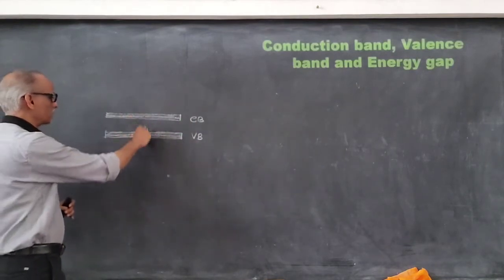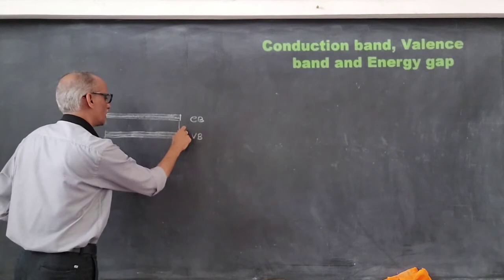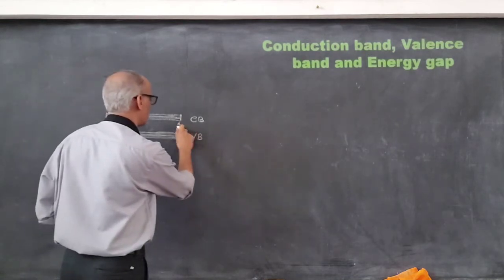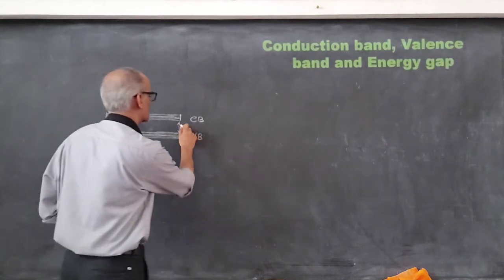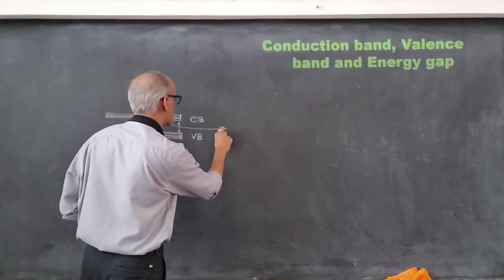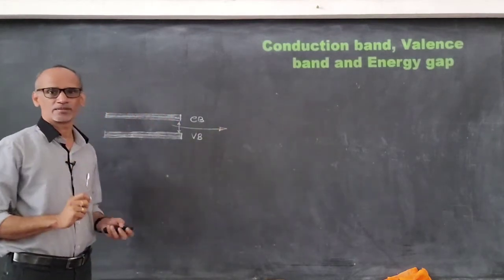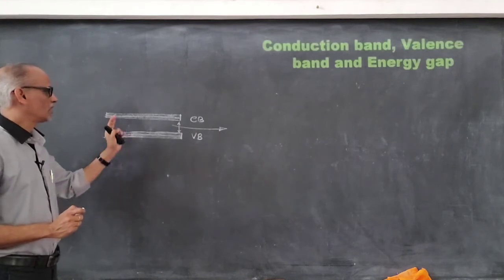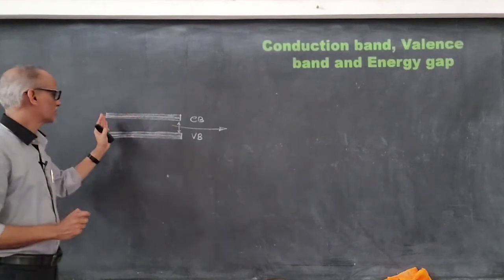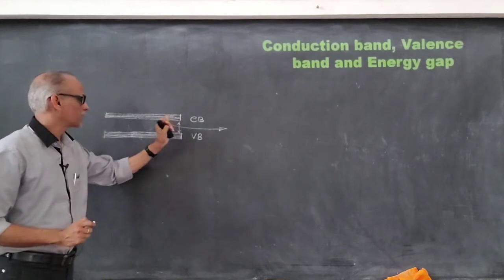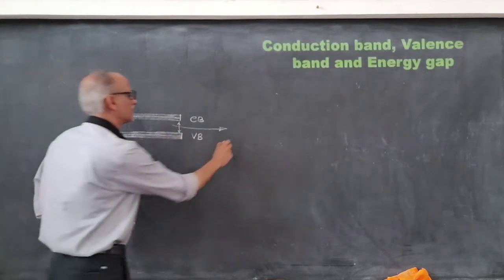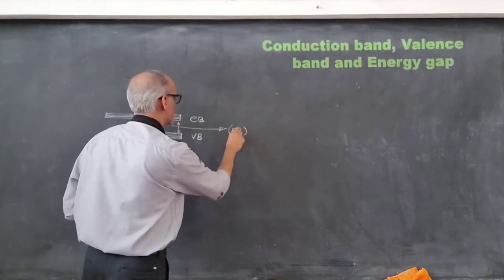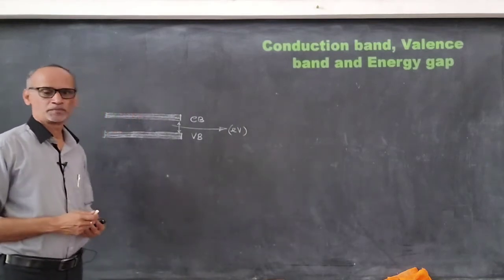And there is a gap between the two energy bands, and that is called the forbidden energy gap, or it is called a forbidden band, and in this gap we do not find any electrons. So, electrons are either present in the valence band or in the conduction band, but not in the gap between the two, and this gap we normally measure in a unit called electron volt.